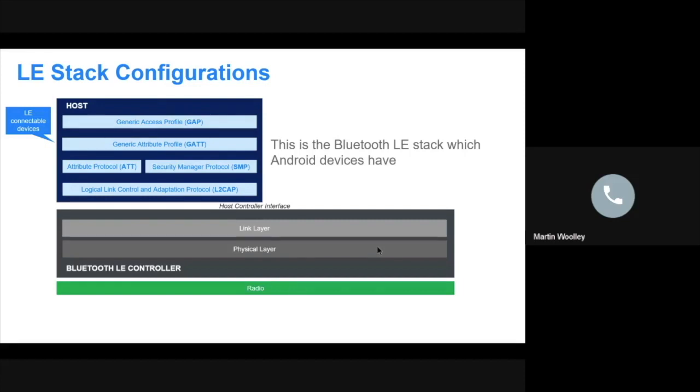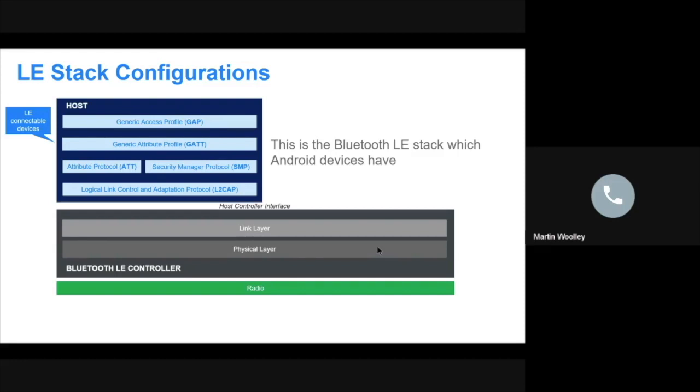Now, GAP is concerned with device discovery and forming connections. GATT, the generic attribute profile, we saw that term in the API names, is concerned with procedures that involve working with that attribute table on the remote device.